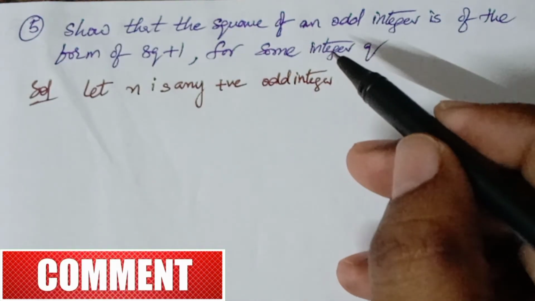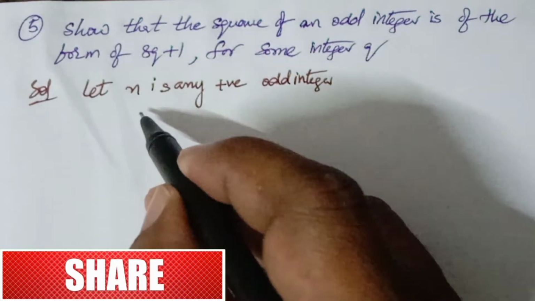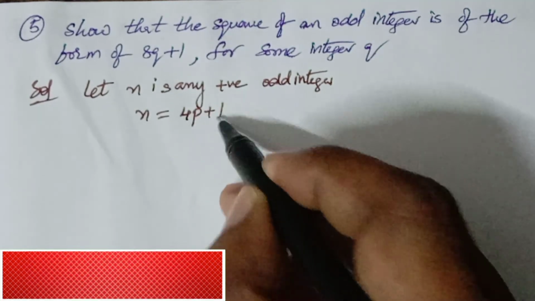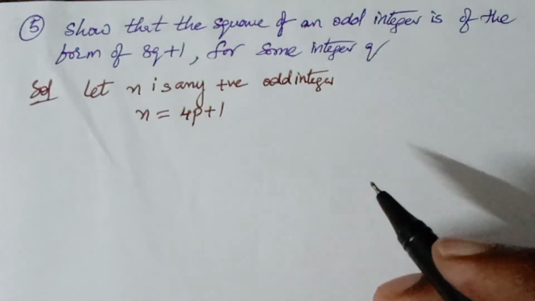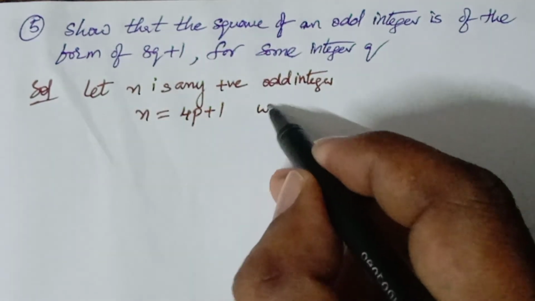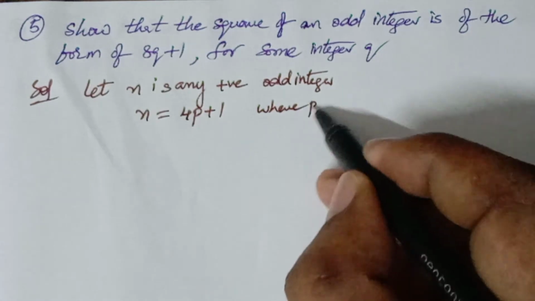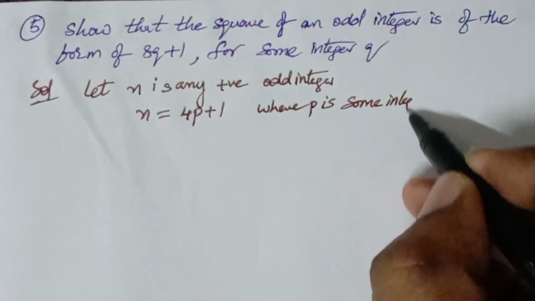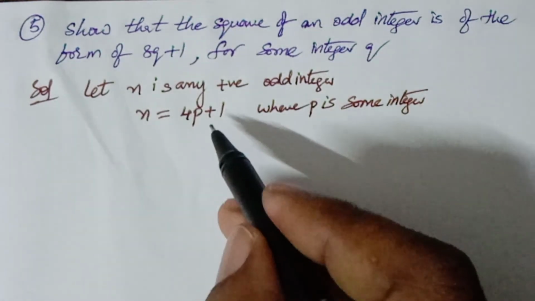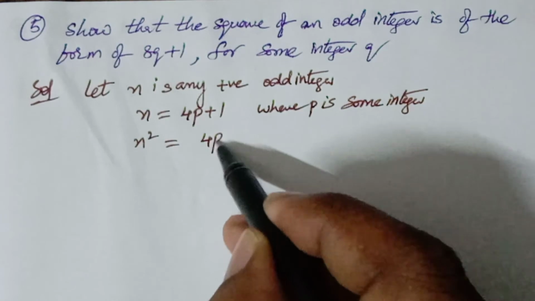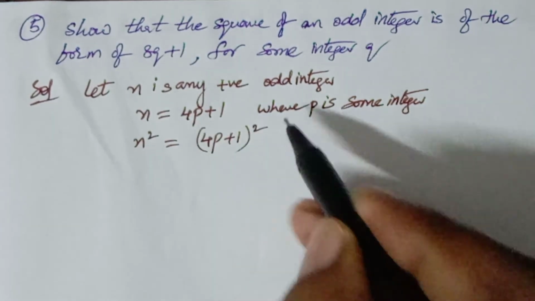Any positive odd integer n will be equal to 4p plus 1, where p is some integer. Now squaring on both sides, n square is equal to 4p plus 1 whole square.